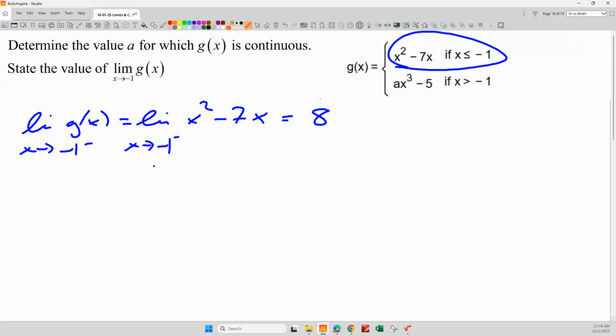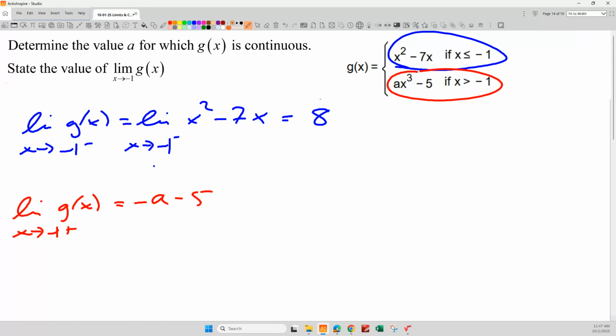It's 8. The limit from the right, if I evaluate it directly, is what? -a minus 5. Agreed? If I evaluate this directly at -1, I get a times -1 cubed, which is just -a minus 5.